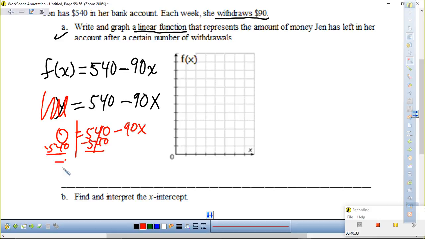We're left with negative 540 equals negative 90x. Divide by negative 90, divide by negative 90. What is that? 6 equals x. So let's see. 1, 2, 3, 4, 5, 6.